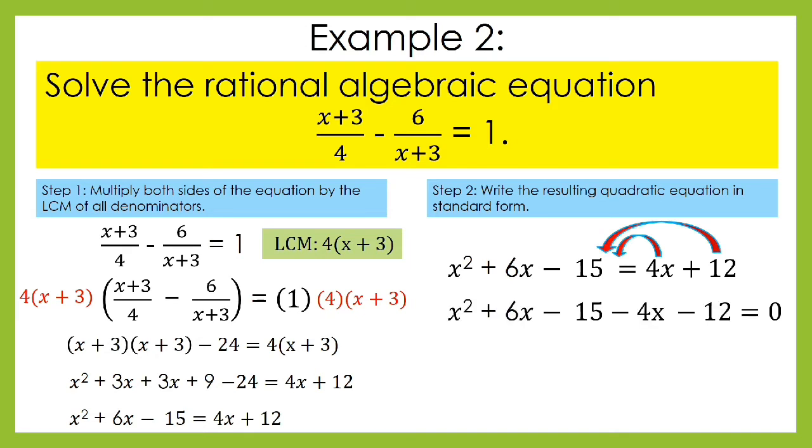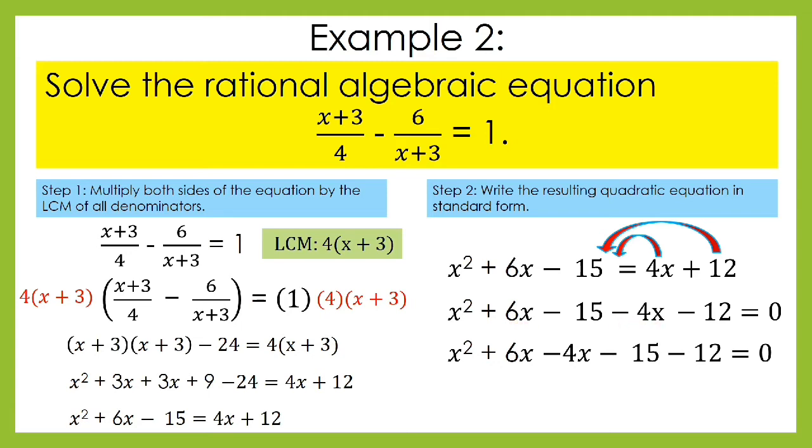Okay, so we now have x squared plus 6x minus 15. Lipat si 4x, negative 4x. Ilipat si 12, negative 12. Equals 0 na yung matitira sa right side. Next is, using natin x squared plus 6x.